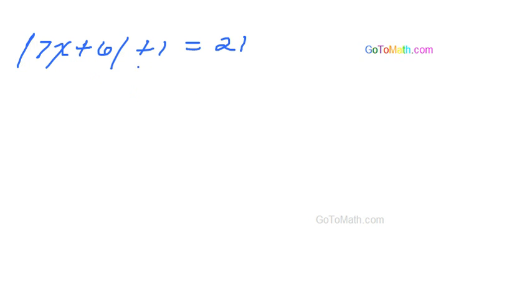So the first thing we're going to do is get this in the standard form to where we have just the absolute value over here on the left hand side. And that means we're going to take this positive 1 over to the right hand side, and it now becomes a negative 1. Okay? And you know what, let's just do that right now.